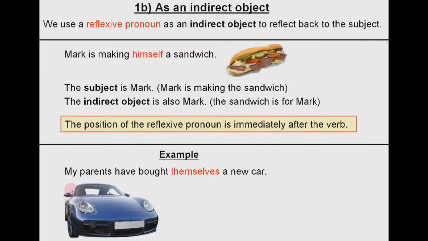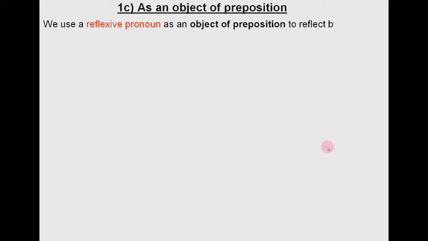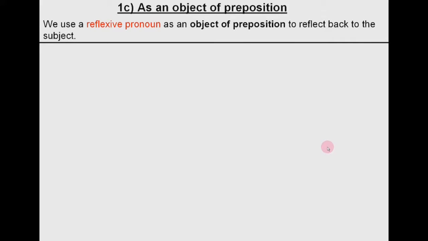My parents is the subject, and themselves is the indirect object, and it is the third person plural, so we say themselves. As an object of preposition. So we use a reflexive pronoun as an object of preposition to reflect back to the subject.